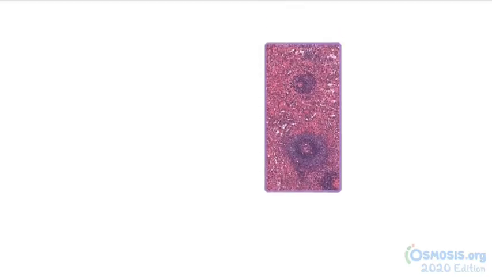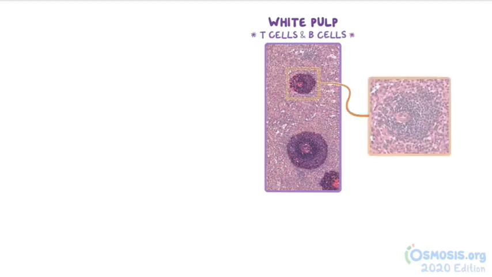Now, if we move to a different region of the spleen, we can see that there are areas that are more basophilic and stain mainly purple. These areas of lymphatic tissue make up the white pulp, which consists mostly of T cells or B cells. The trabecular arteries from the previous image branch even more and become central arterioles.